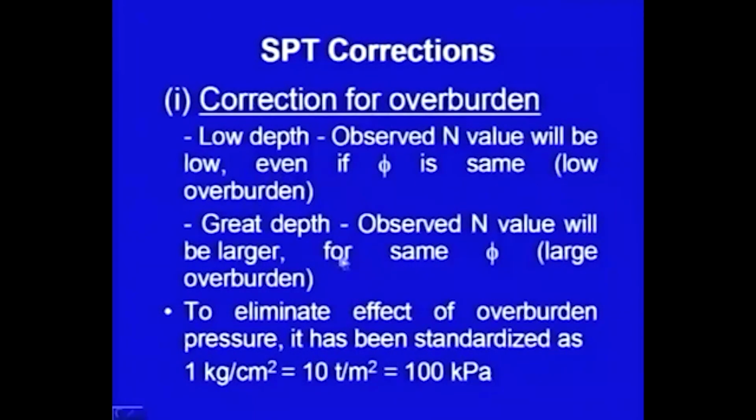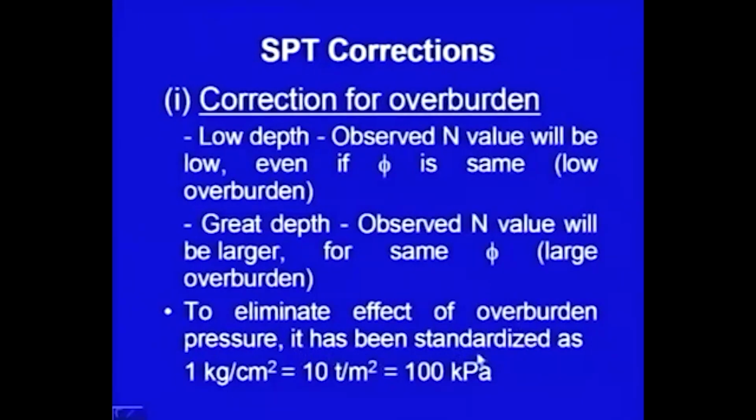The soil is same here, so we should know how this depth parameter is affecting the n value or phi value. To eliminate this effect of overburden, one standard overburden has been taken.